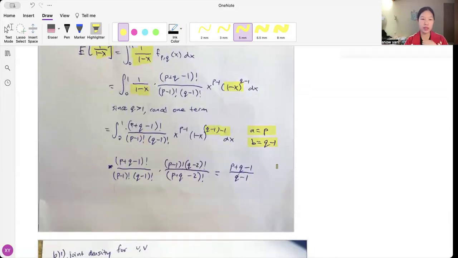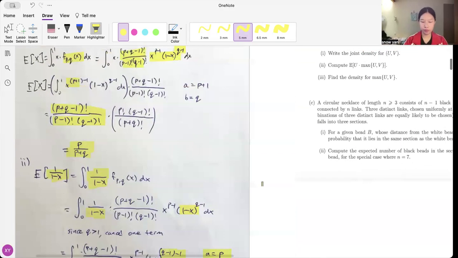And then some simplification of this would just be this. And then we would get p plus q minus 1 divided by q minus 1. Okay, I'd say the question is relatively straightforward.